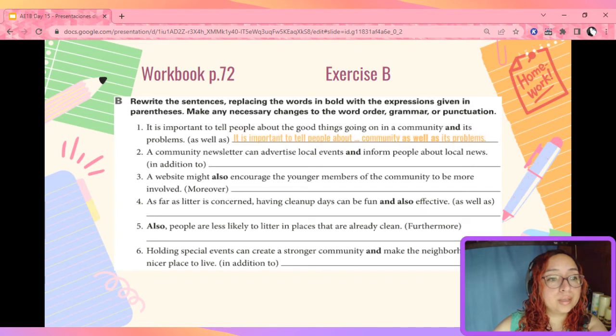It is important to tell people about the good things going on in a community as well as its problems. Can you do number 2? Okay, you should have. A community newsletter can advertise local events, in addition to informing people about local news. In this case, you needed to use the ing form because you're using in addition to. Now pause the video and work on the other sentences. We will check them during our class.